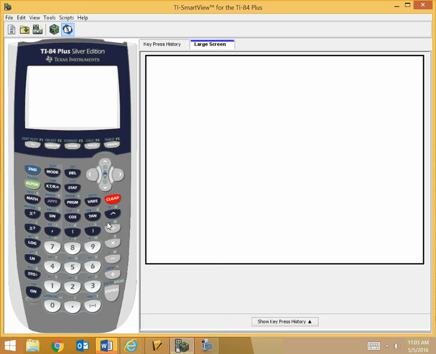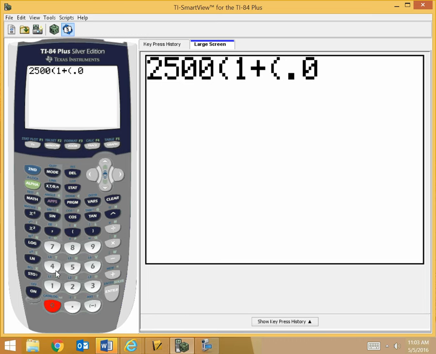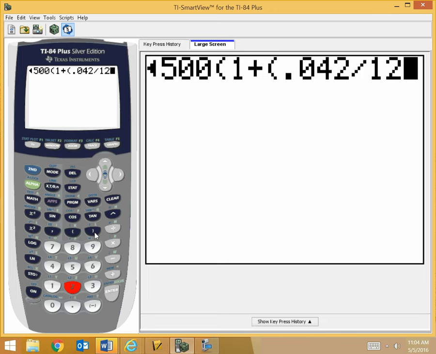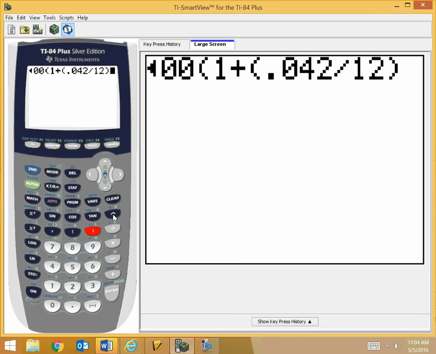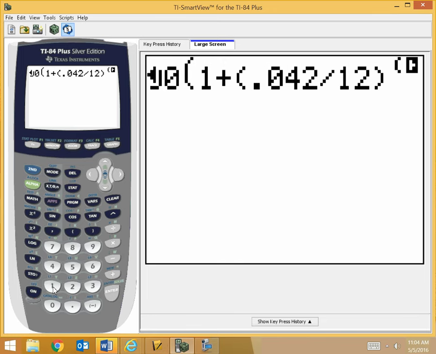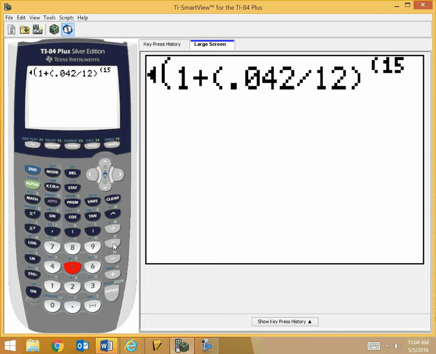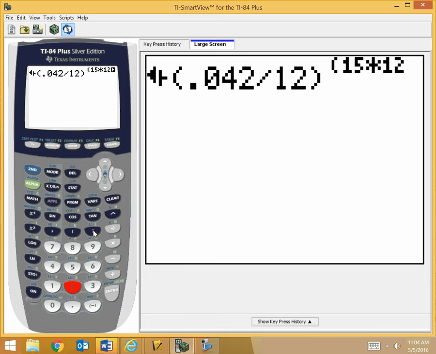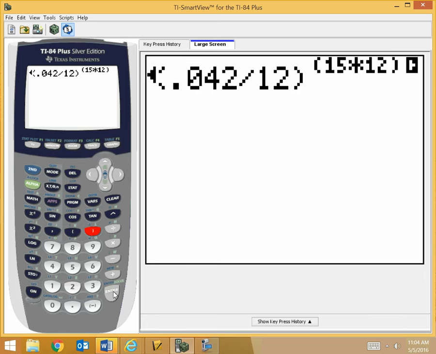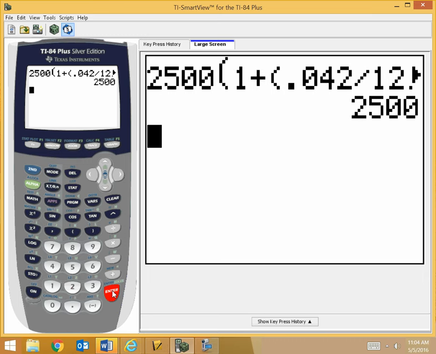So our work is going to look like this on our calculator. 2,500 times the quantity of 1 plus the quantity of 0.042 divided by 12 to the, in parentheses, 15 times 12 or 12 times 15. Doesn't matter the order of those numbers. And then hit enter.